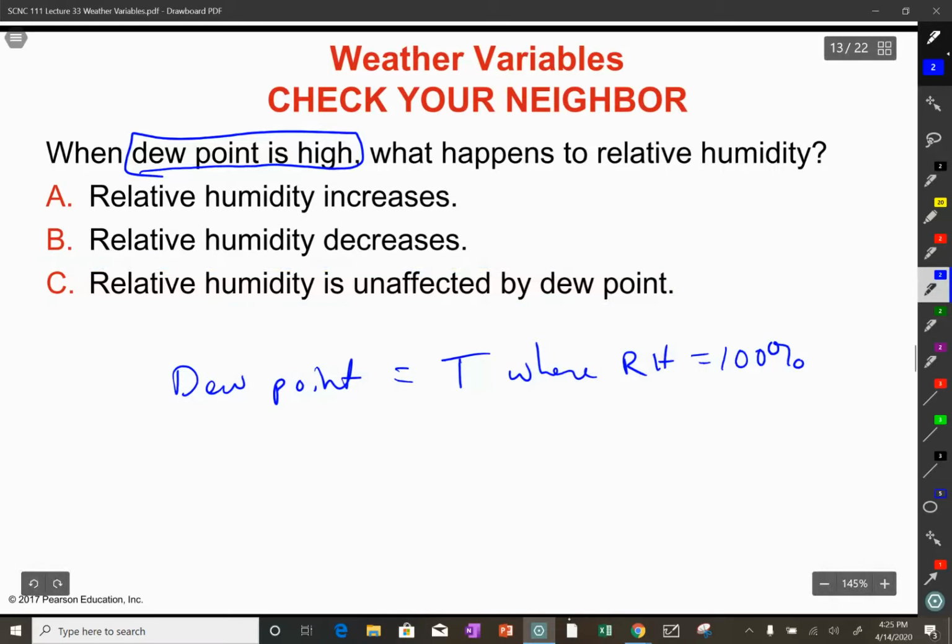Wait a minute. I looked at that wrong. I was thinking the other way. The dew point is unaffected by the relative humidity, but the relative humidity is equal to humidity again over the saturation humidity, and the dew point I just wrote up above is the temperature where the relative humidity is 100%. So the dew point, if the temperature goes up, the relative humidity goes down, just like we saw.